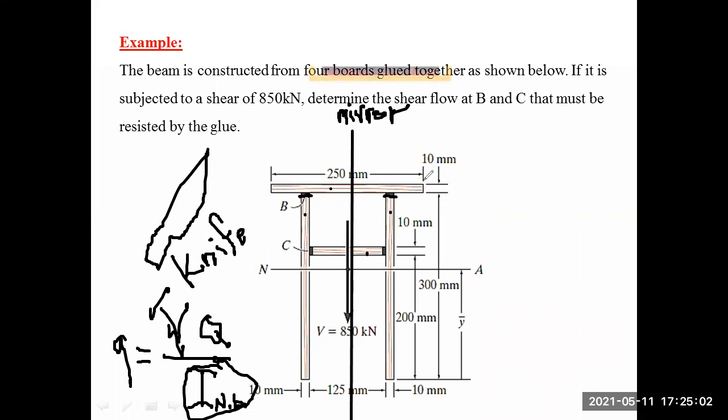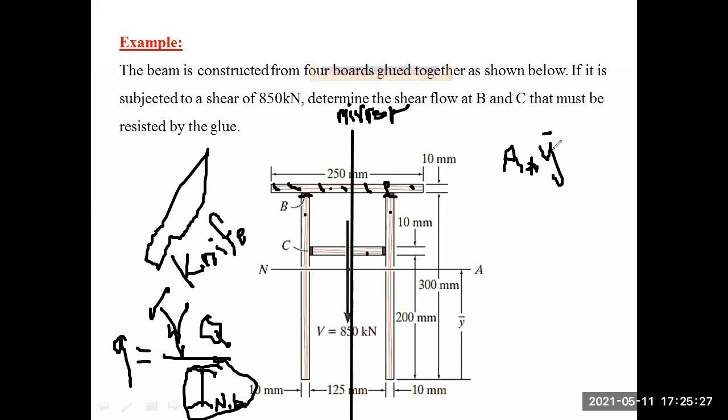And then this component of the cross section has become disconnected from the rest of the beam. That means Q is calculated for this component only. And what Q is, we know: Q is the area of that component times how far it is, A times Y bar, or Y prime, call it as you like.